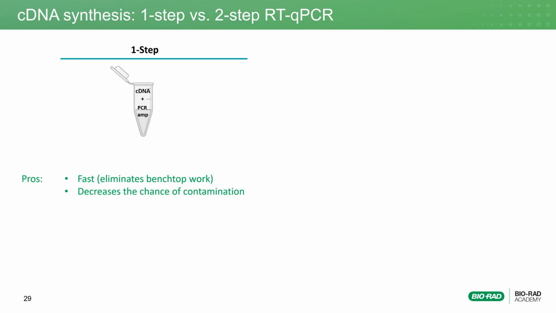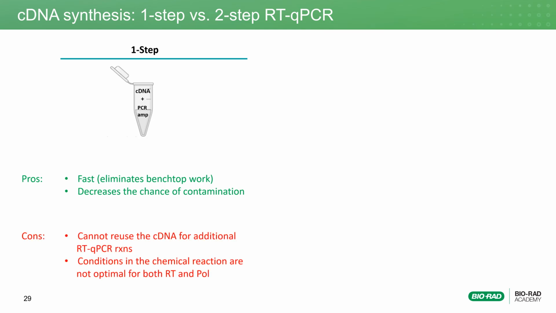Additionally, the one-step process requires fewer pipetting steps, which can lower the chance of contaminating the sample. However, there are a few drawbacks to consider as well. For example, it's important to note that the cDNA generated from the reverse transcription step in a one-step reaction is not recoverable for storage and continued use for future RT-qPCR analysis or other applications of interest.